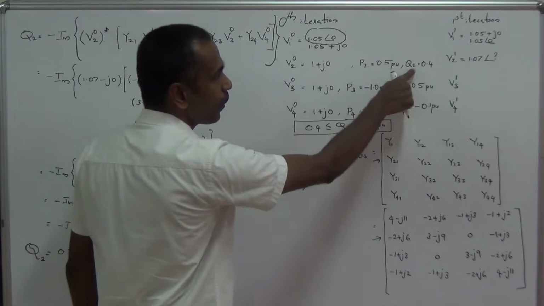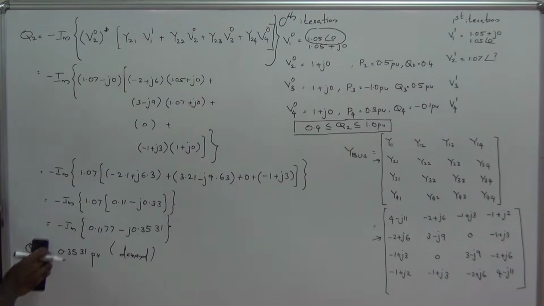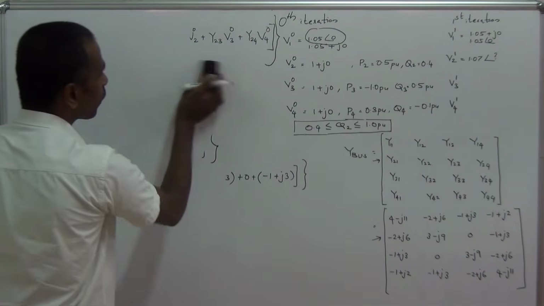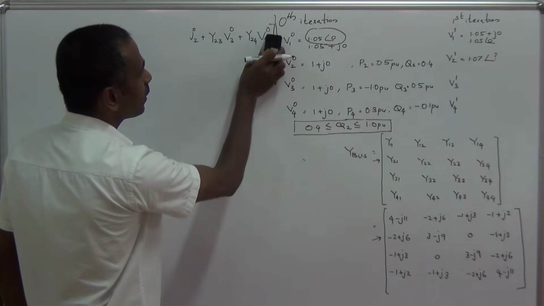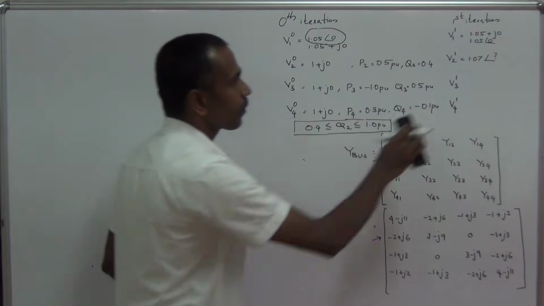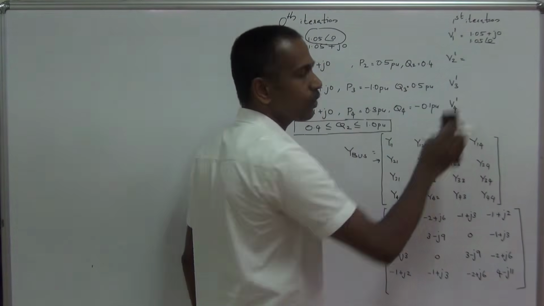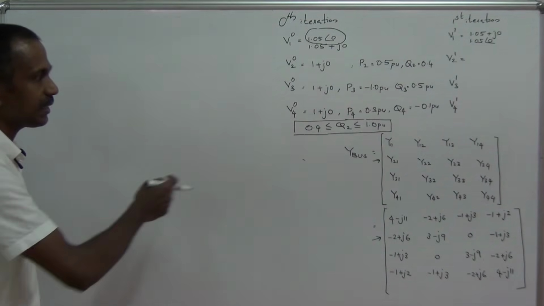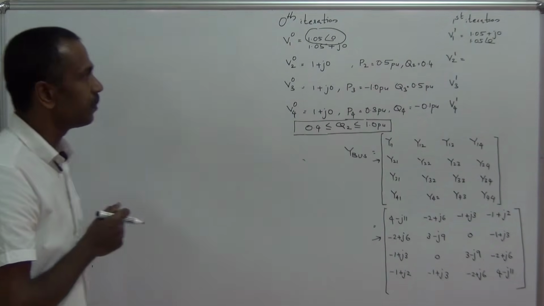Now P and Q are given. Let us find out the second bus voltage, V2. We consider this as a load bus, so this is not 1.07. We will find out both magnitude and angle of the bus voltage, just like a PQ bus.